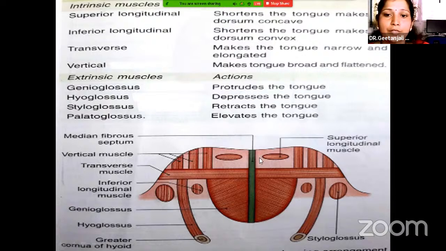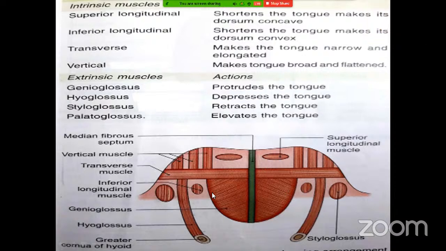If you see the superior longitudinal muscle, the direction of muscle fiber is in this direction. So what happens when the superior longitudinal muscle of both sides gets contracted, the dorsum of the tongue gets concave.